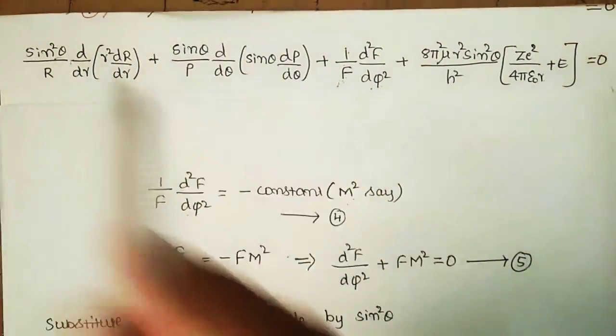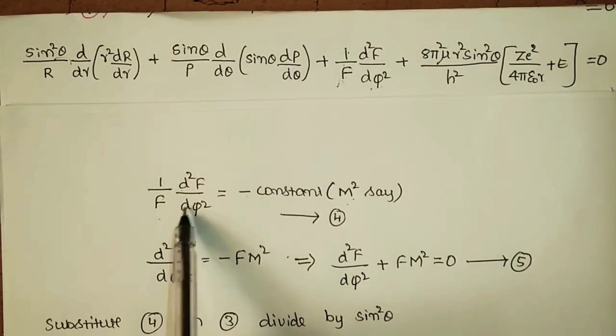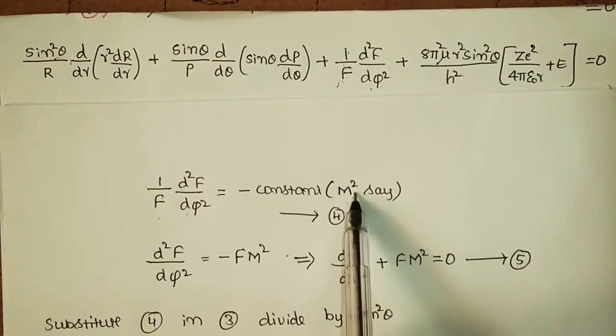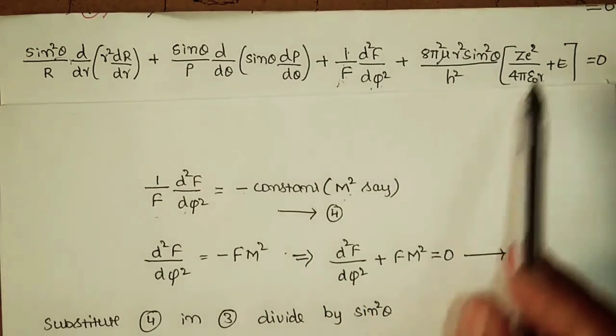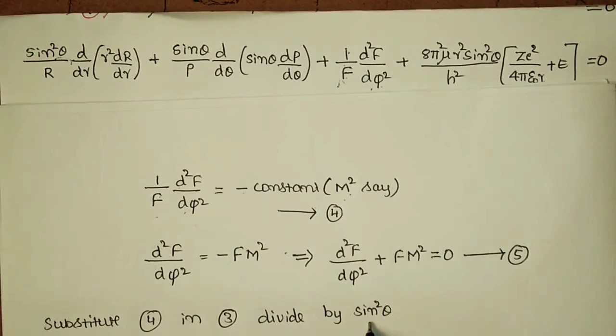In this equation you can observe, we need to substitute equation number 4, that is 1 by f into d square f by d phi square, which should be taken as minus m square, and the whole equation number 3 is supposed to be divided by sine square theta, and that we shall do now.